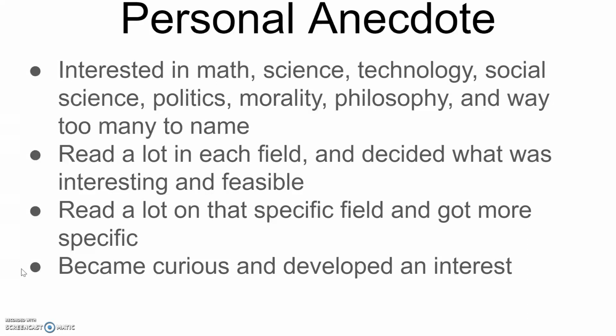And so yes, I read a lot about monoculture and polyculture, and I got super specific. And I became curious. When I learned the material, I got really curious and started asking questions, and that's how I came to my research question.